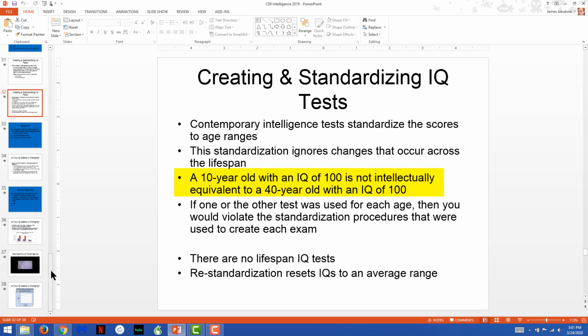And that's kind of an odd system, when you think that your intelligence may be increasing over the course of years from year in, year out education. You always keep resetting yourself back to average. It's a little bit of a peculiar system.